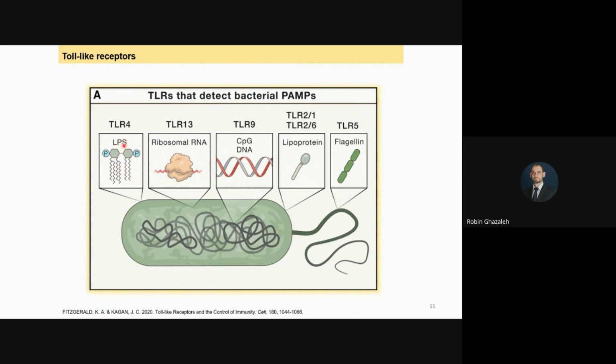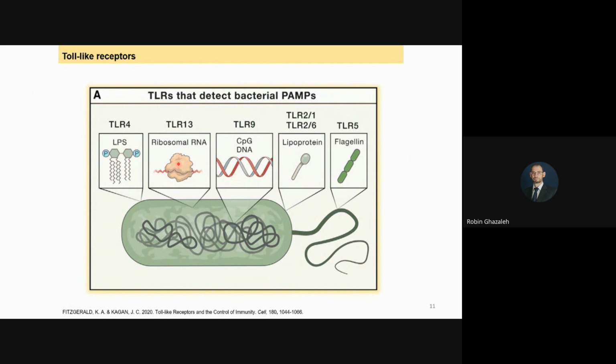I'm coming back to the other side of the slide. LPS, lipopolysaccharide, is a polysaccharide with a lipid tail. There's some diversity in LPS between bacteria, but toll-like receptor 4 is able to recognize them and initiate a response. But strangely, toll-like receptor 13 is able to recognize ribosomal RNA.